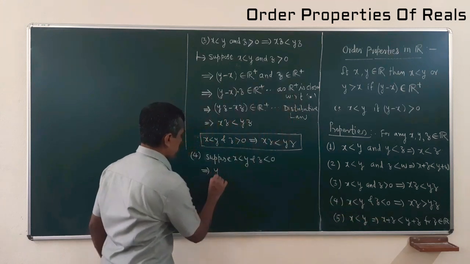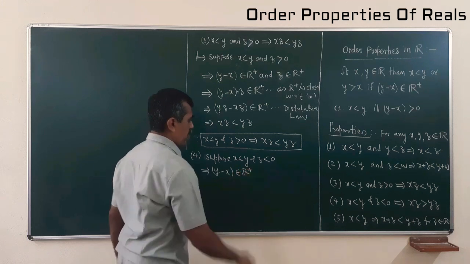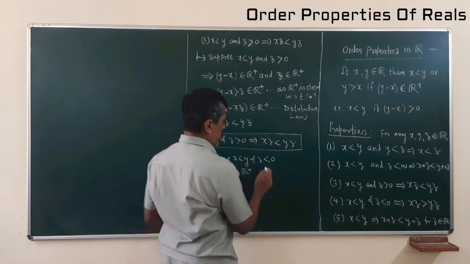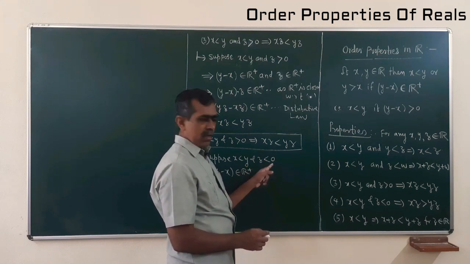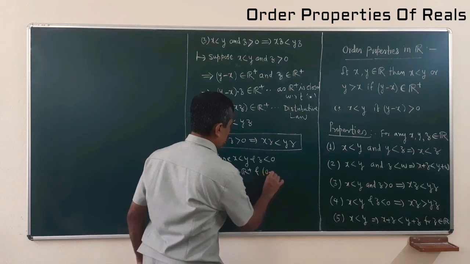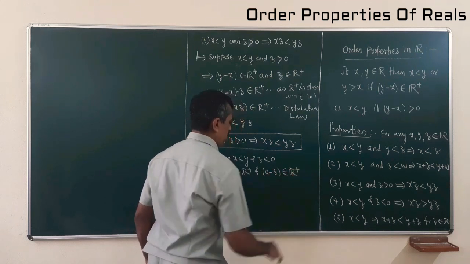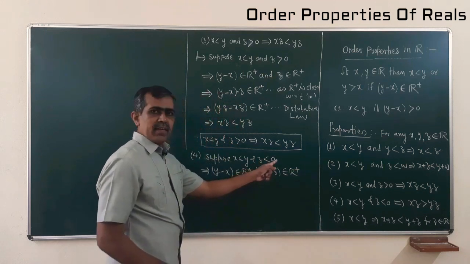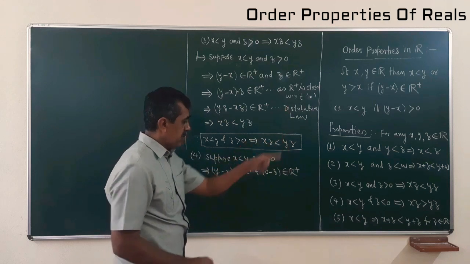x less than y means, just use the definition, y minus x belongs to R plus. z less than 0 means a less than b, and a less than b means b minus a belongs to R plus, so 0 minus z belongs to R plus. This is only the definition.